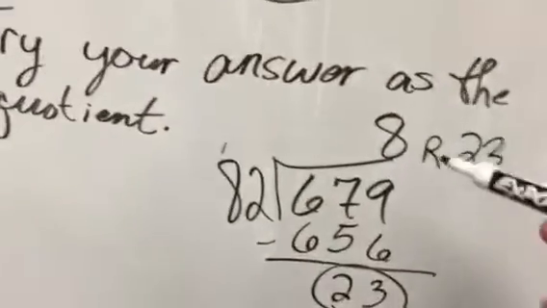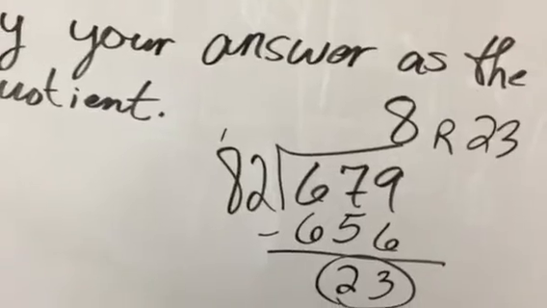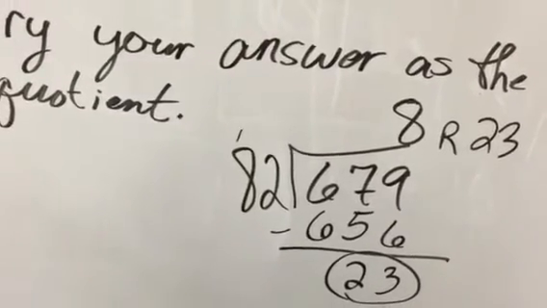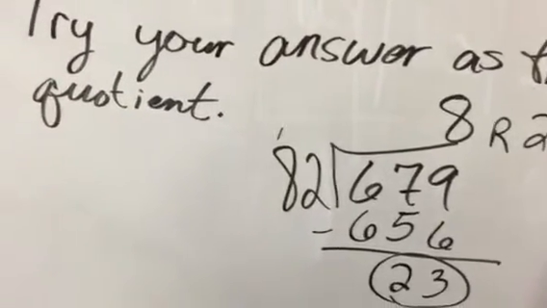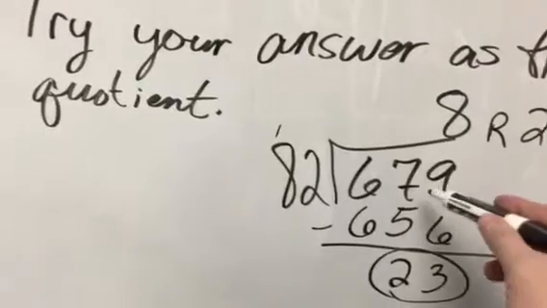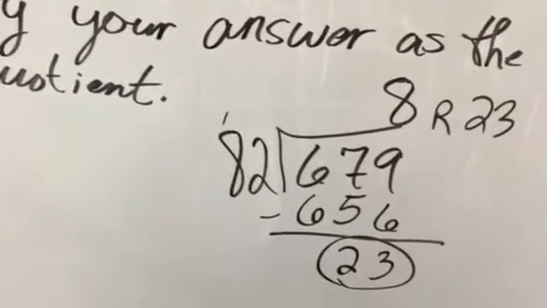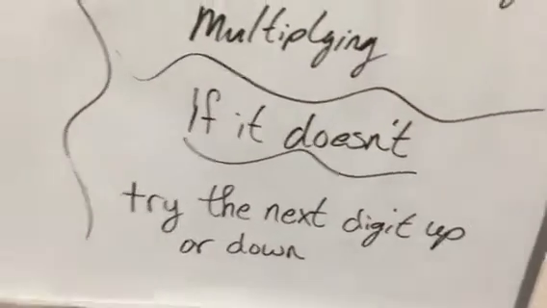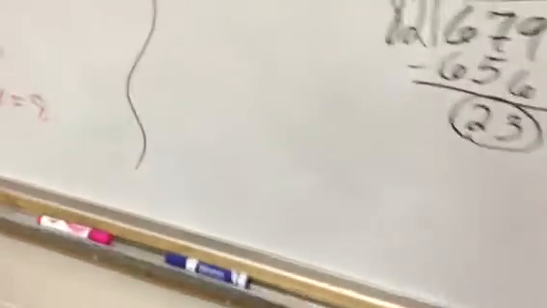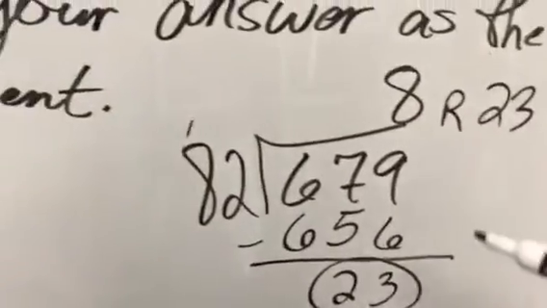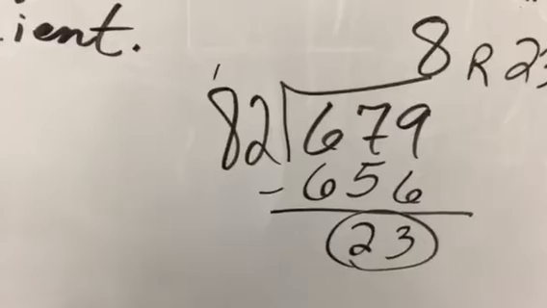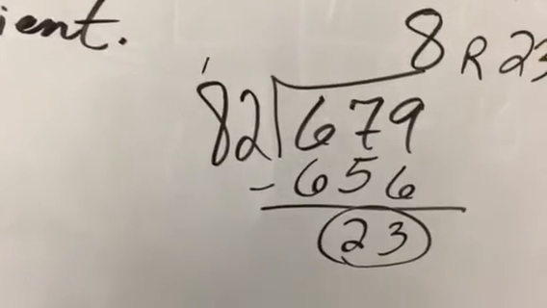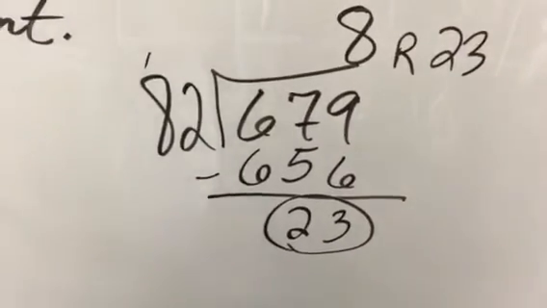You would multiply 8 times 82, and then you add the remainder, and that answer should get you your original 679. If it doesn't work, try the next digit up or down. So if this 8 was too big, we would do it again trying a 7. Or if it was too small, we would try again using a 9.